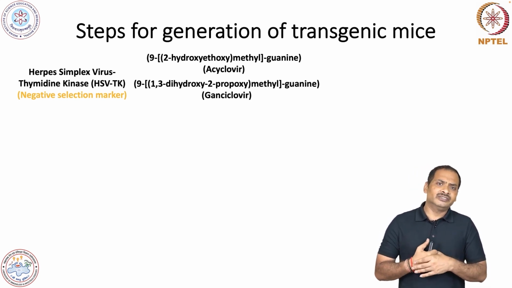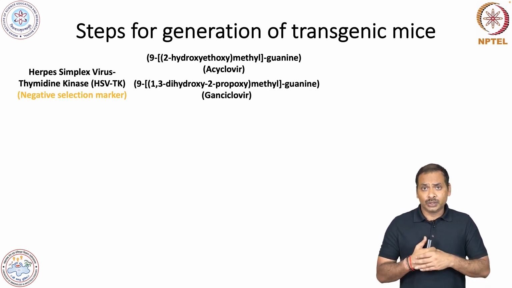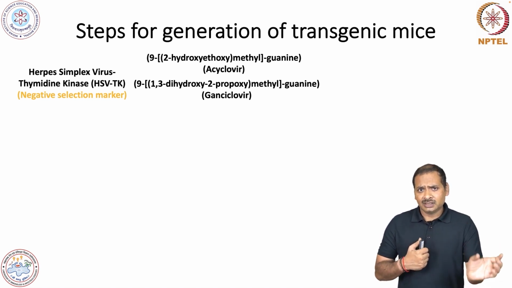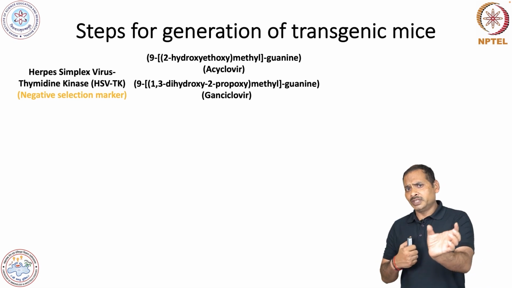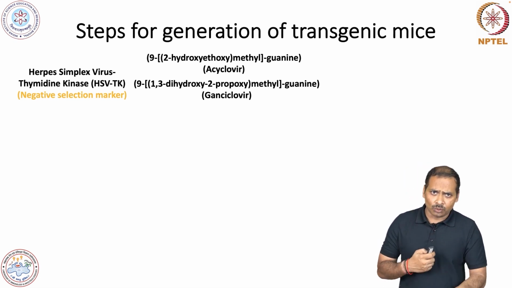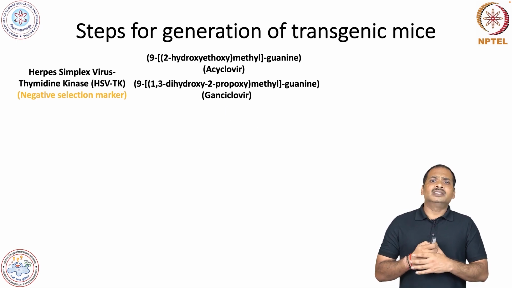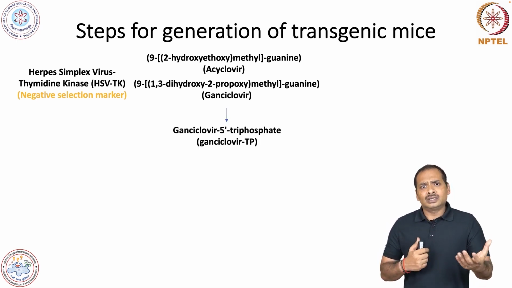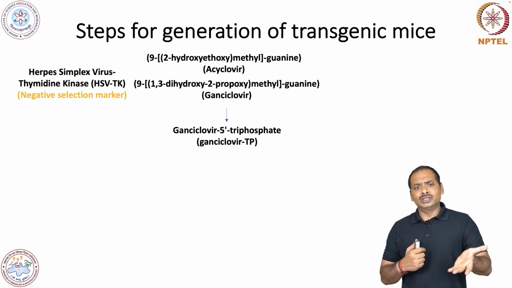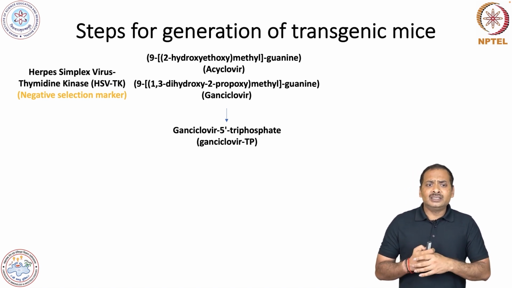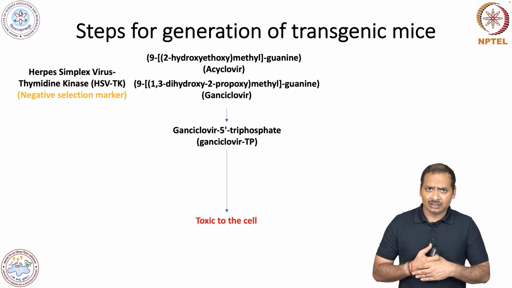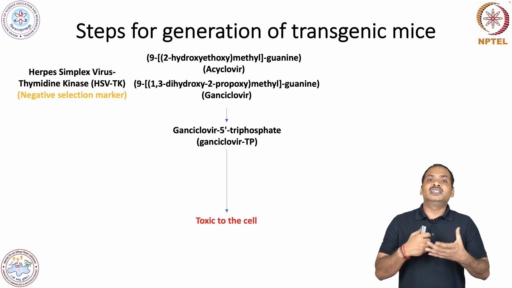This is also a derivative of guanine, and when you have this gene, it will incorporate this modified derivative of guanine into the genome instead of guanine. Once it is incorporated, it is toxic to the cell, and the cell will die.